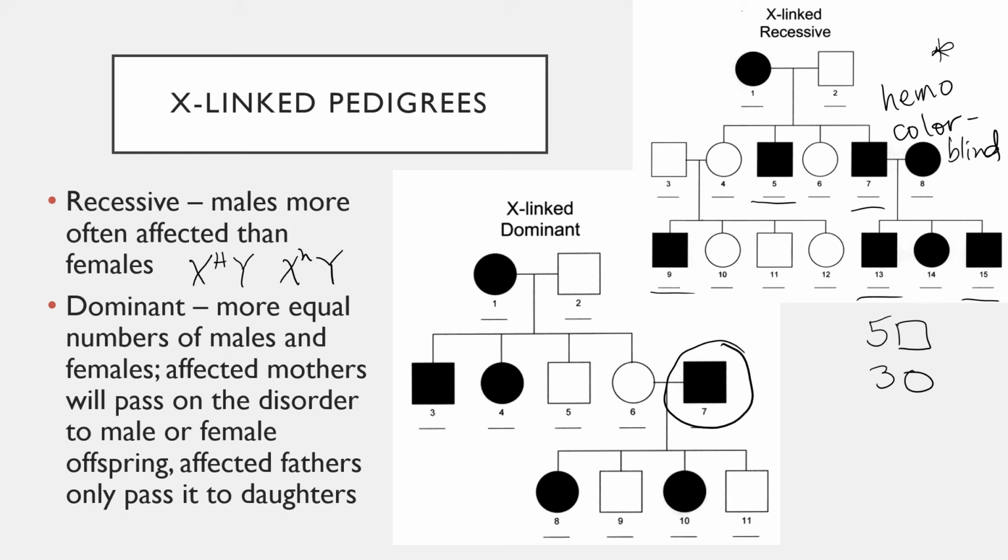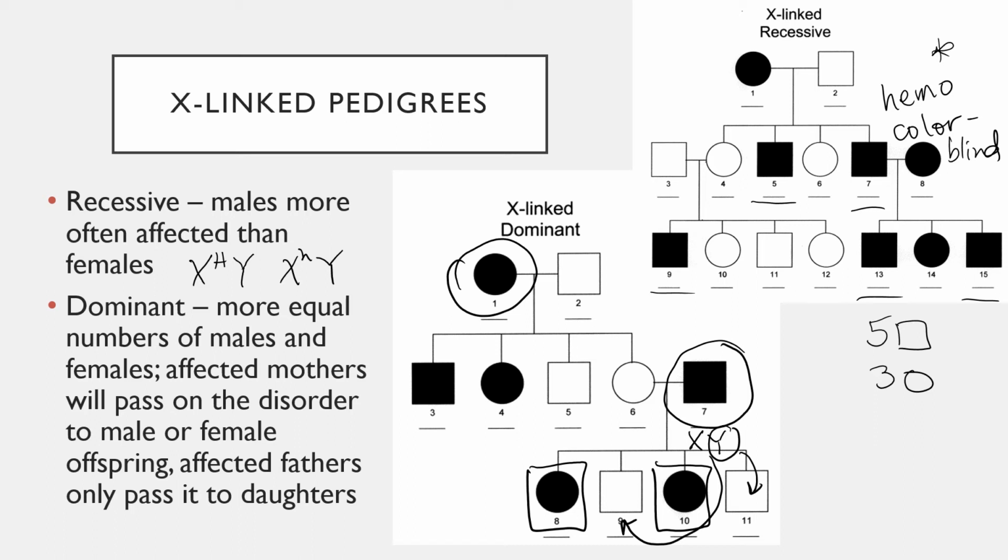Males can give an X chromosome to their daughters only. They give their Y chromosome to their sons. So if they have an affected X chromosome, they are going to give that X chromosome to all of their daughters. So any male that's affected is going to have all of their daughters affected.